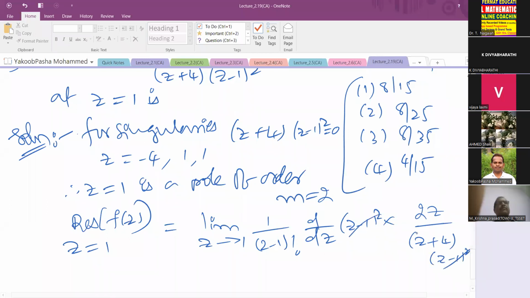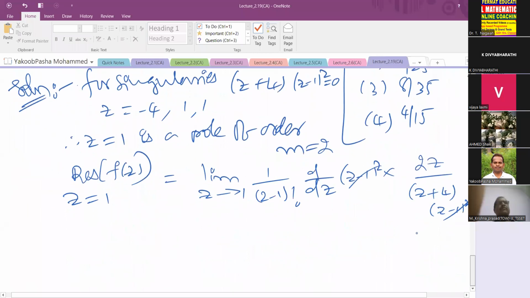Here (z minus 1) whole square will be cancelled. So this is equal to limit z tends to 1 d by dz of 2z divided by z plus 4.